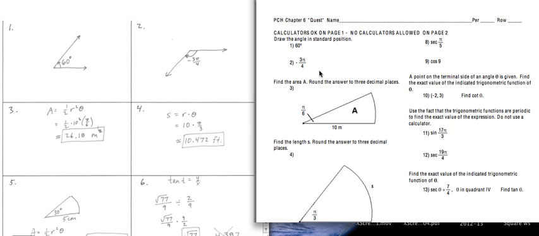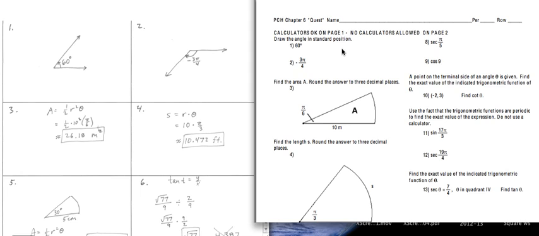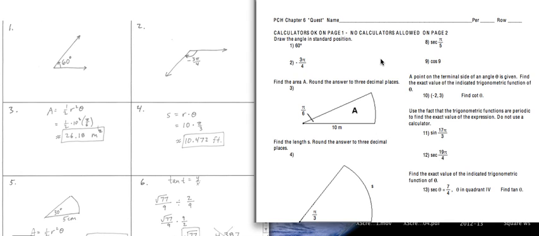Okay, so starting with, over on the right hand side, you'll see a copy of the actual quest that you saw on Thursday or Friday, as long as you were in period 1 or 6. Period 2 had a different one. I meant to make 3 different versions, but anyway, 1 and 6 got this one. Period 2, if you're in that class, then your quest is exactly the same.